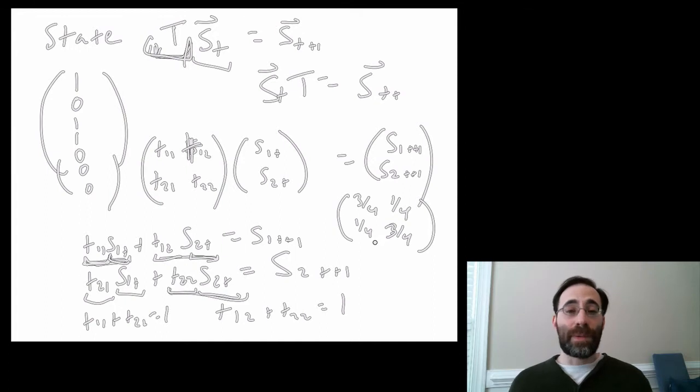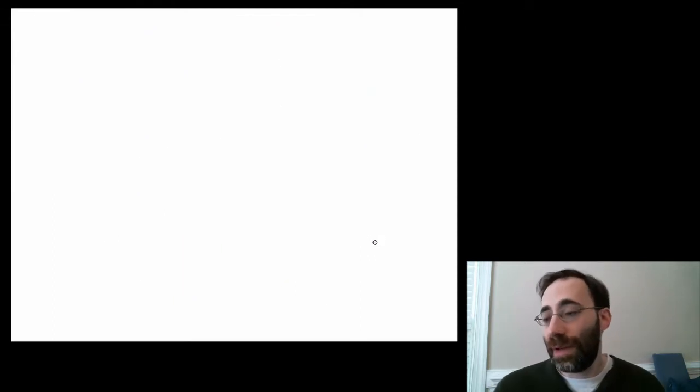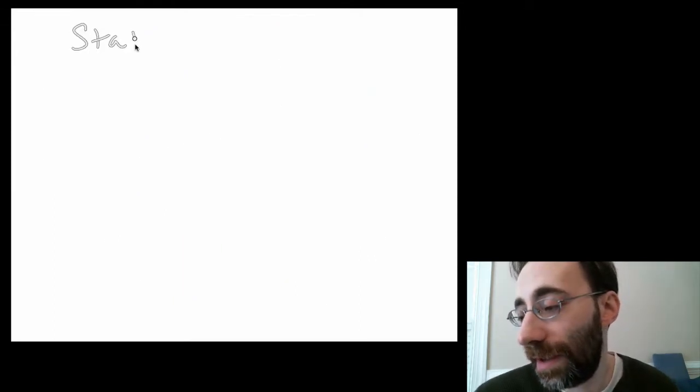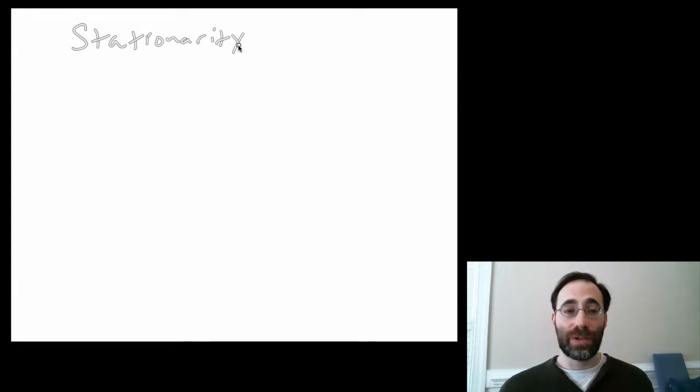Now, oftentimes we simplify this stuff. The first simplification that we see is to assume stationarity. A stationary stochastic process is one in which the rules for transitioning between states don't change over time. They're stationary.